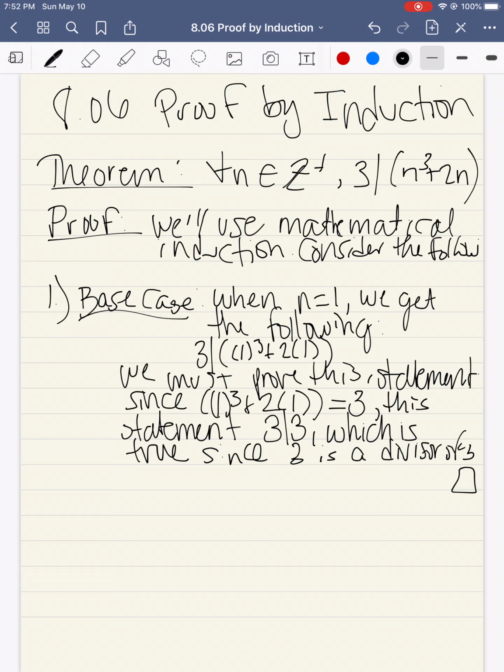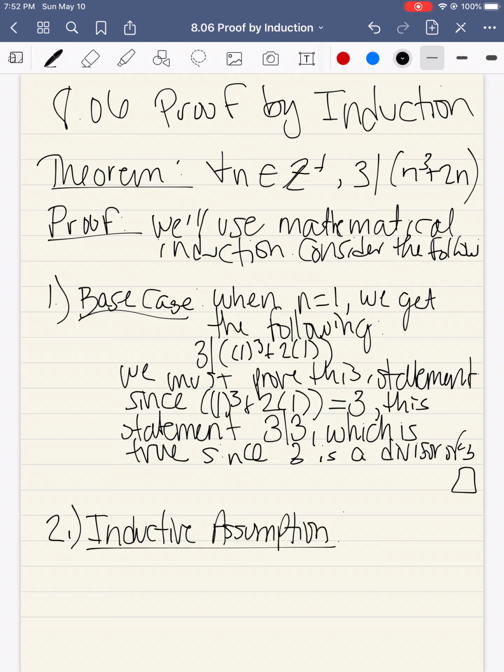And so the second step here is going to be the inductive assumption. This one is a really, really short step, but it's crucial to the proof. In the inductive assumption, we're essentially just defining another variable.